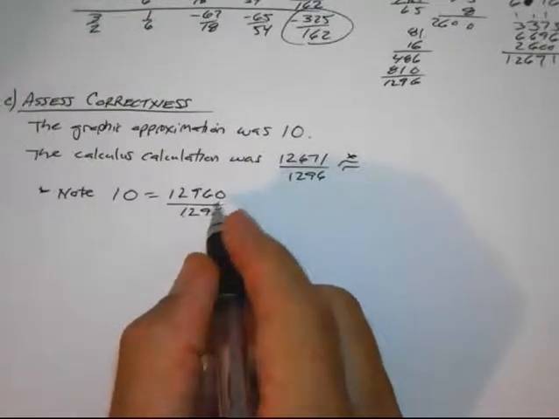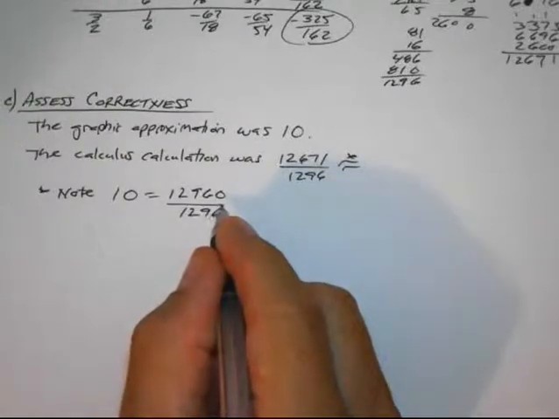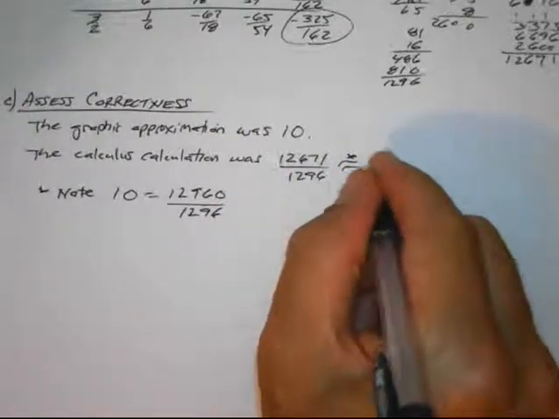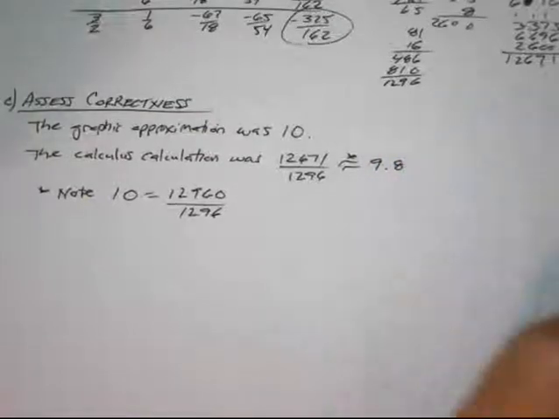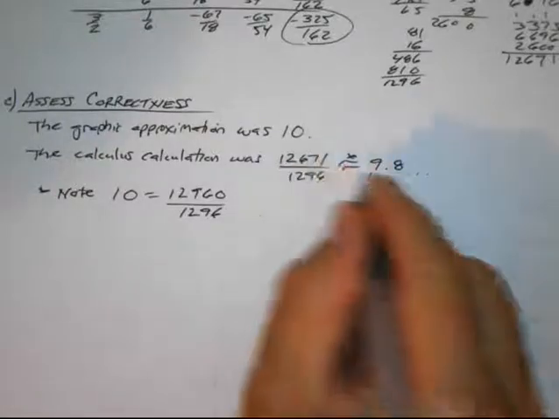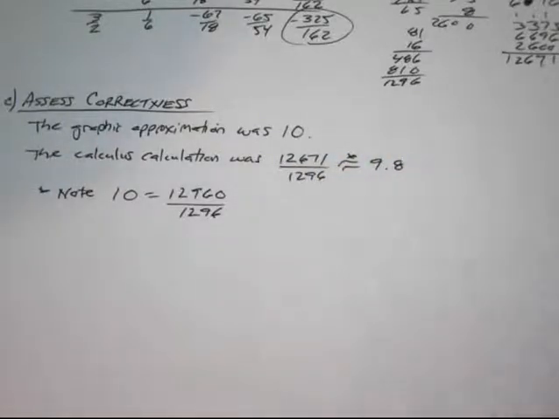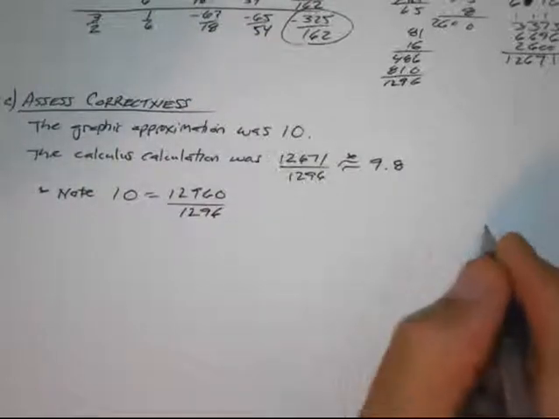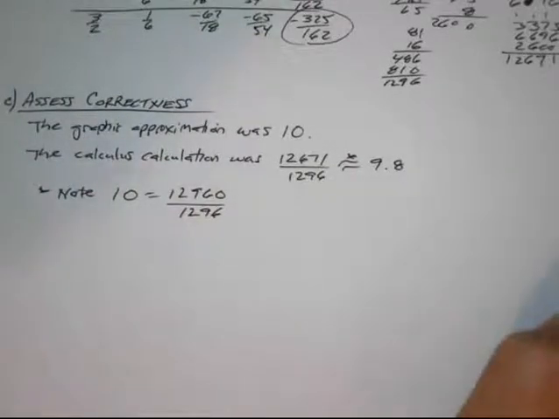That's less than a quarter, so that makes it about 0.2. This is about 0.2 short of being 10, so this is about 9.8, more or less. And that's some great news for us, because that means these two results are, without exaggerating, within 5% of each other, and thus consistent. Therefore, the solutions to A and B are likely correct.